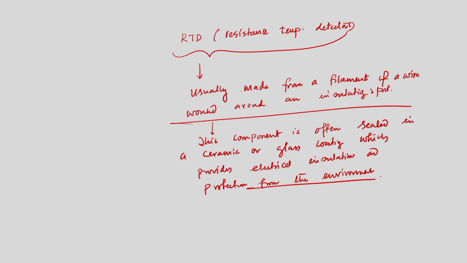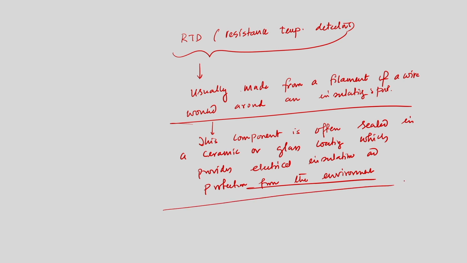Now, after calibration, resistance can be measured by a Wheatstone bridge using null deflection for the steady temperature and deflection bridge for the fluctuating temperature.